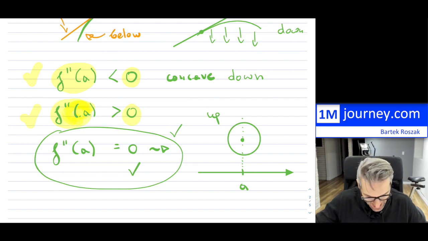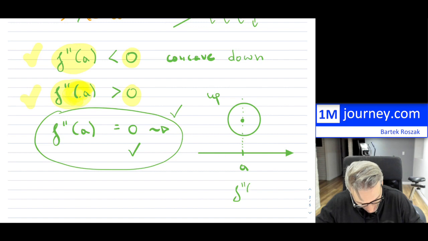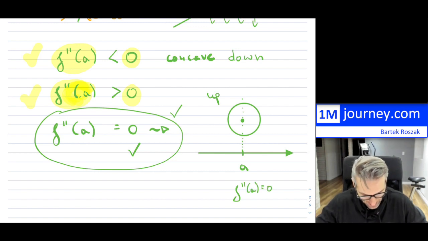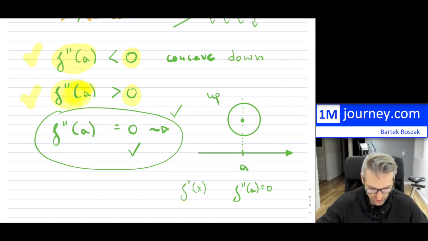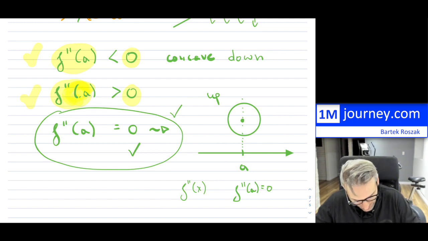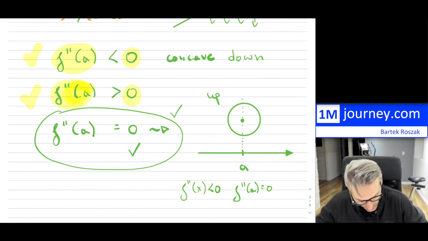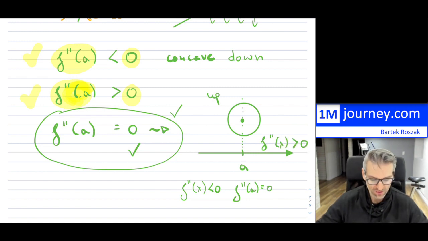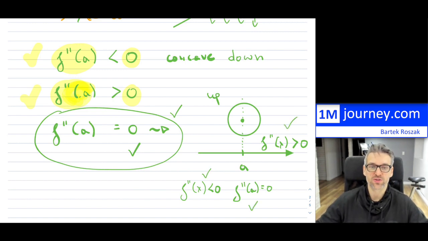If you are looking to the left of A, we know that our second derivative is equal to 0 at A. Now to the left, if our second derivative is negative, which means it's concave down, and to the right, on the other side, if your derivative is, for instance, greater than 0, so it goes from negative to 0 to positive, so it switches.